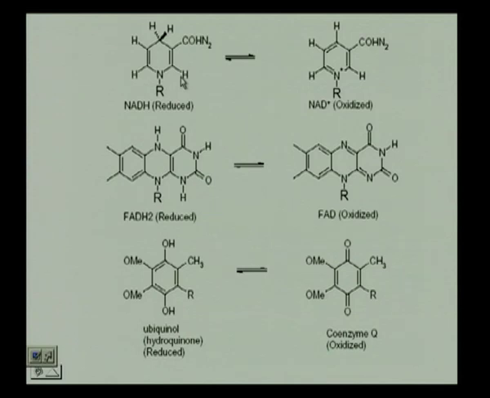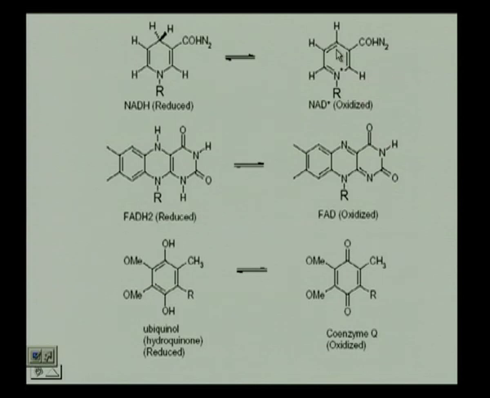Just summarizing the reduced and oxidized forms of all the electron transfer cofactors: NAD plus is the oxidized form of NADH, FAD is the oxidized form and FADH2 the reduced form, and ubiquinol is the reduced form with ubiquinone, or coenzyme Q, as the oxidized form. In each case you have to know at which point the hydrogens are added.